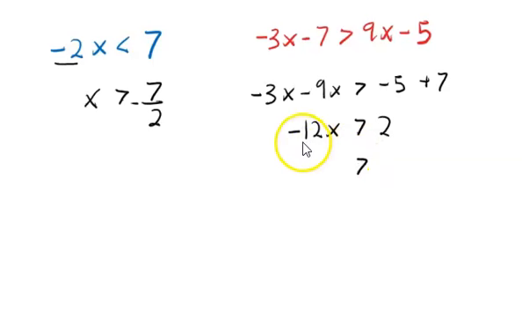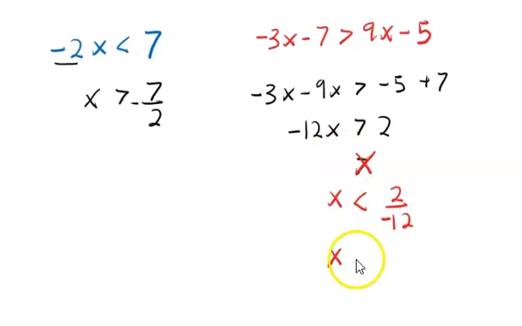The negative 12, when it moves to the opposite side, we have to change the sign. So we cannot use this; we have to change the sign to the opposite direction. 2 over negative 12. This is your x. Or we can simply make it as negative 1 over 6. So this is the answer.